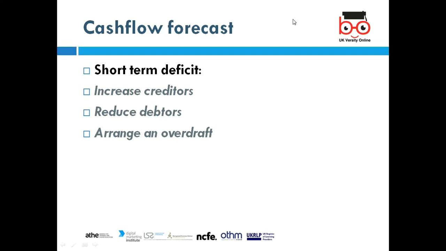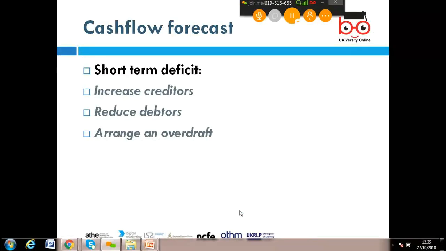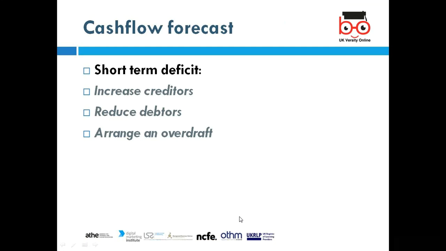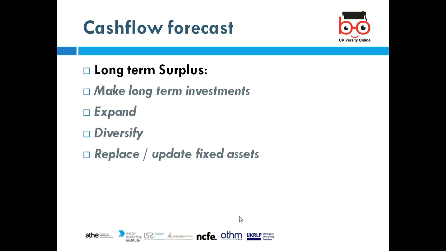If you provide an early settlement discount to your customers, it's quite good, it helps the organization. So we need to look around and improve the cash flow as well.